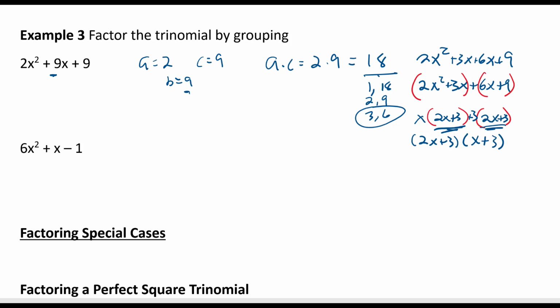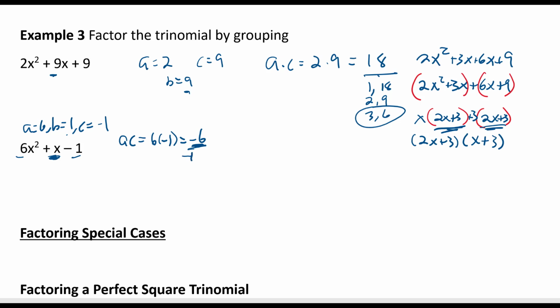Now let's look at the next one. We have 6x squared plus 1 times x minus 1. So my A is 6, my B is 1, and my C is negative 1. My AC is going to be 6 times negative 1, which is negative 6. So I want factors of negative 6 that add to be positive 1, the B value.